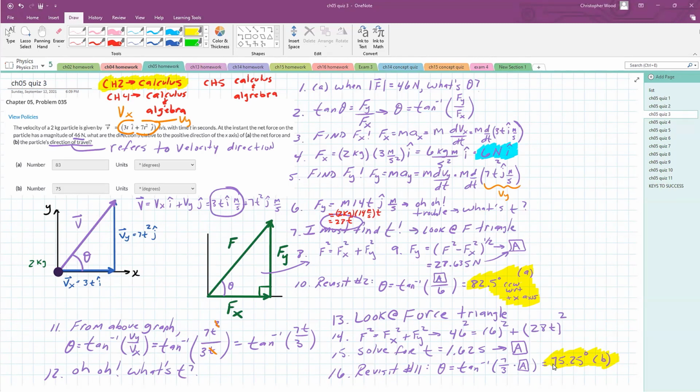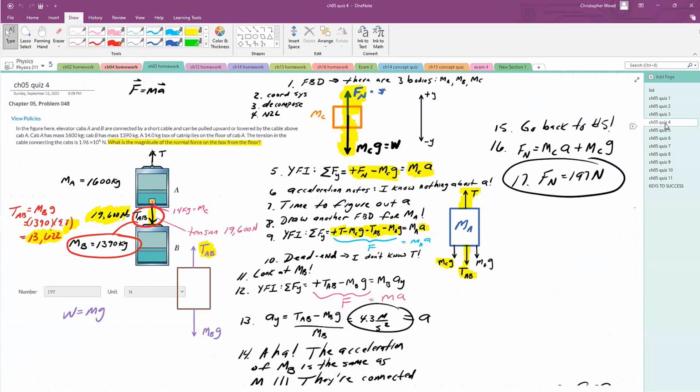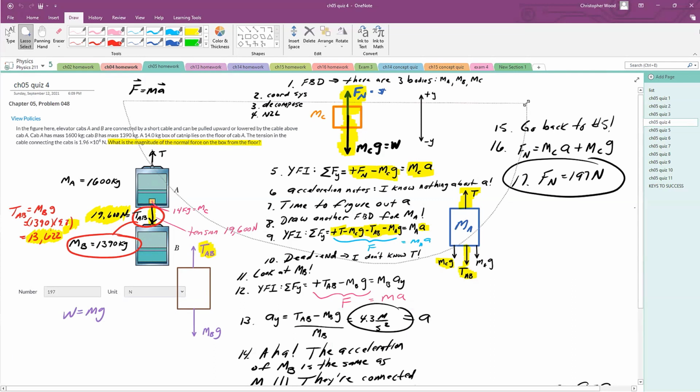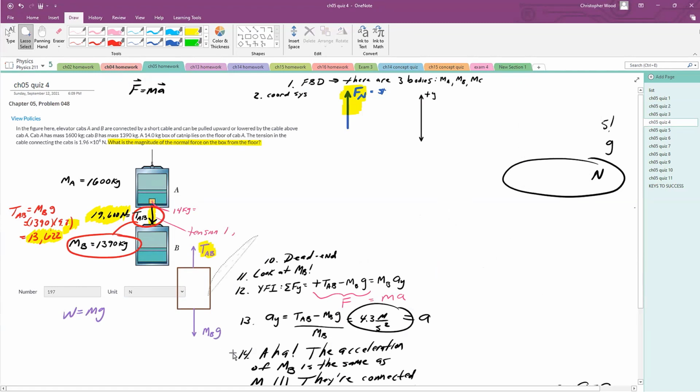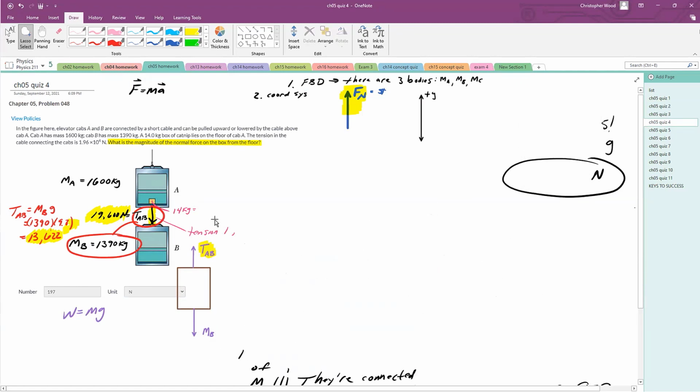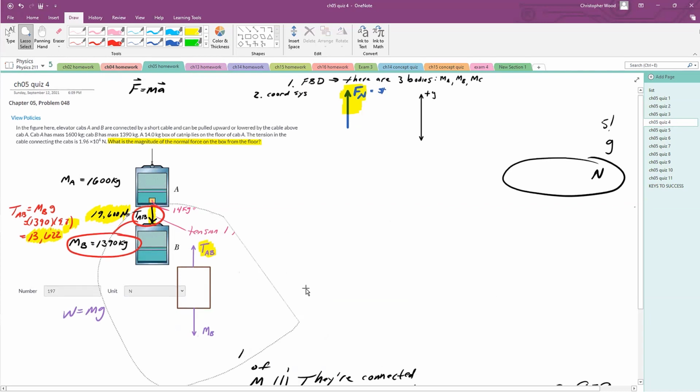Okay. All right. Then let's do the next quiz, which is chapter 5, quiz 4. This is sort of another basic type, elevators. You could argue, hey Chris, there aren't really this many types of problems because they're all sort of the same problem.